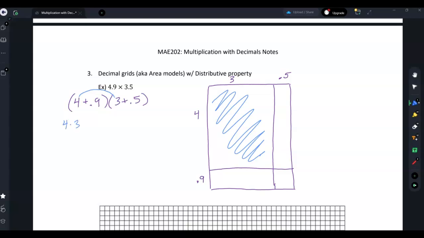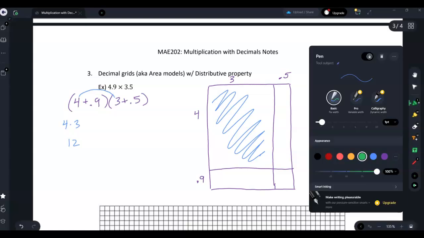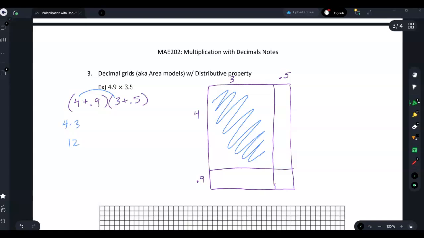So 4 times 3, which is going to give me 12. And then I'm going to move on to my outer term. So 4 times 0.5. And so that's relatively simple to do in my head. And that's really talking about this box here.